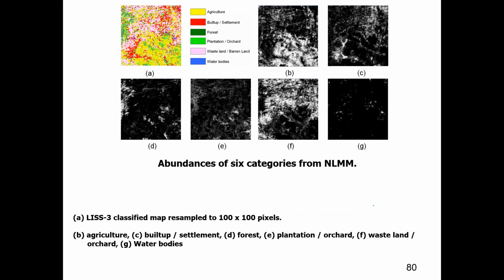This is another implementation on the Indian remote sensing data, IRS-1D, and this area belongs to the northern part of Bangalore city. There is the new international airport. This is Nandi Hill, which is a popular tourist destination. People often visit this, and Nandi Hill has quite an amount of forest and plantation.